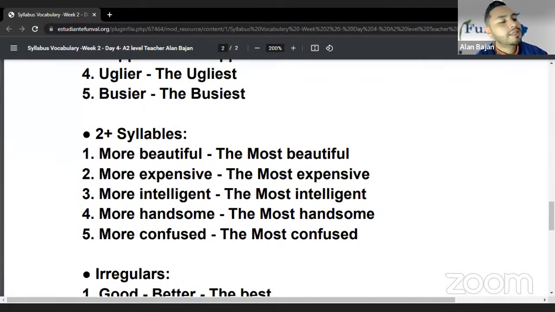On these adjectives, I will add an extra word to build a comparative. This word is more: more beautiful, more expensive, more intelligent.